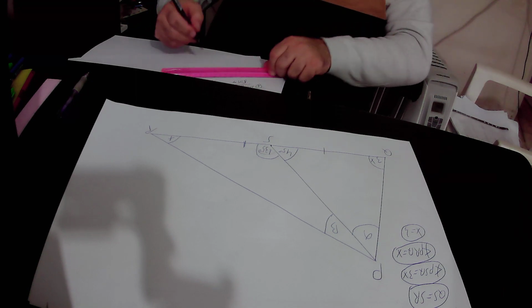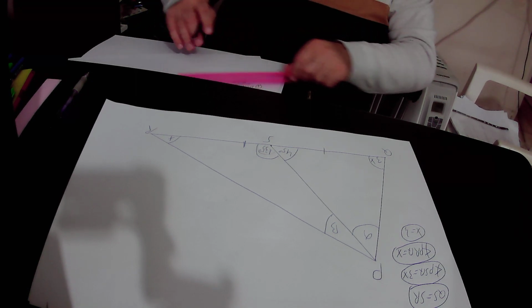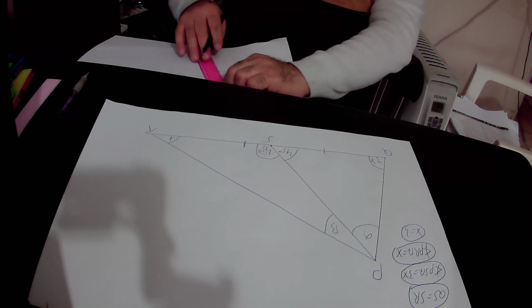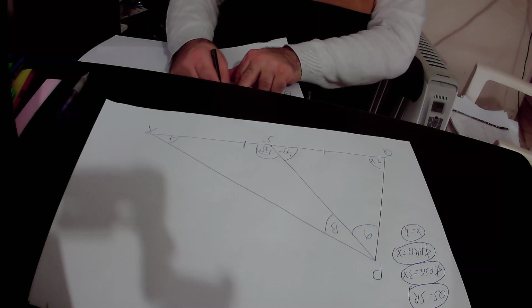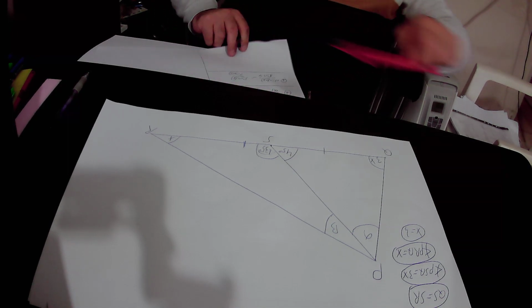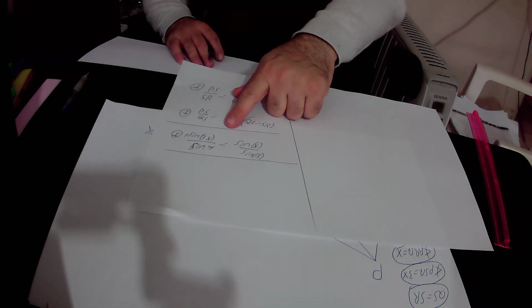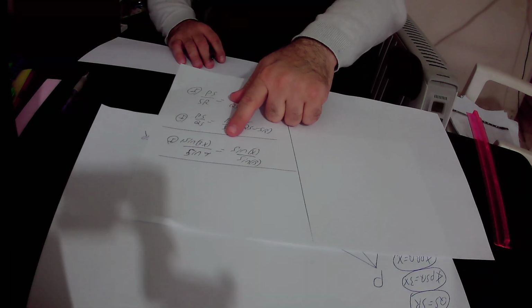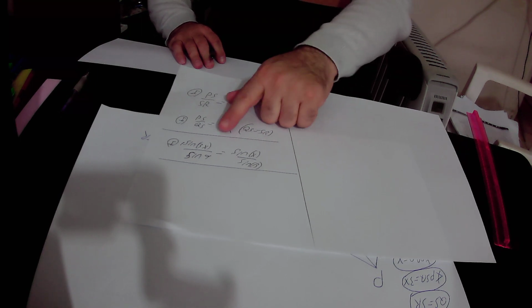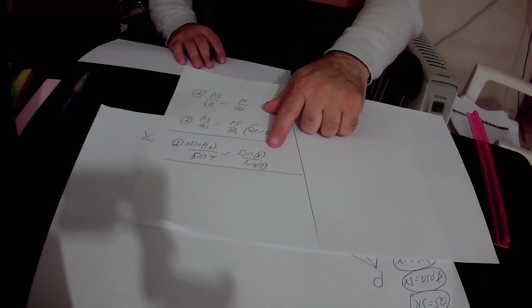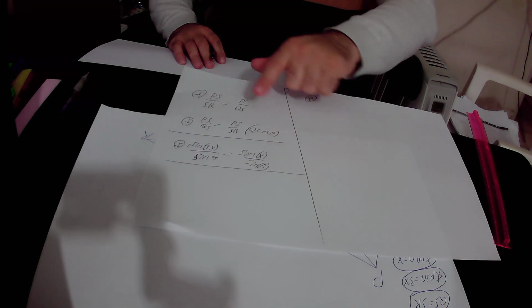So we got the equation that states that sine 3x over sine alpha equals sine x over sine beta.